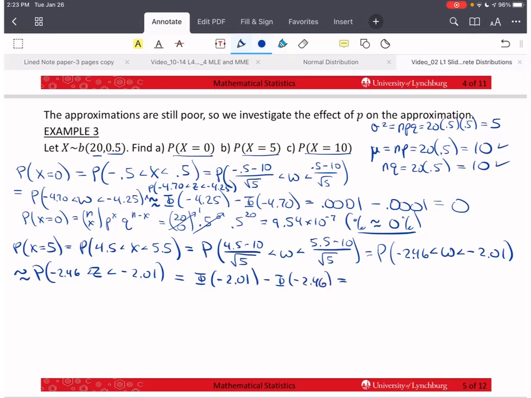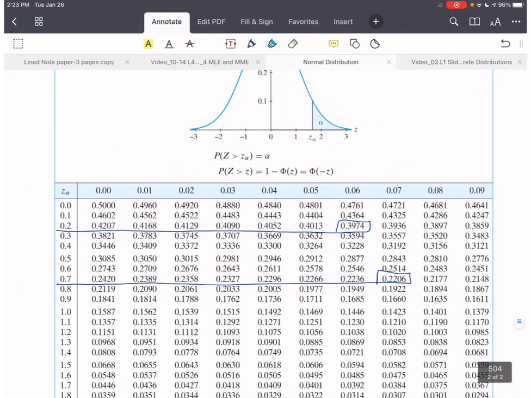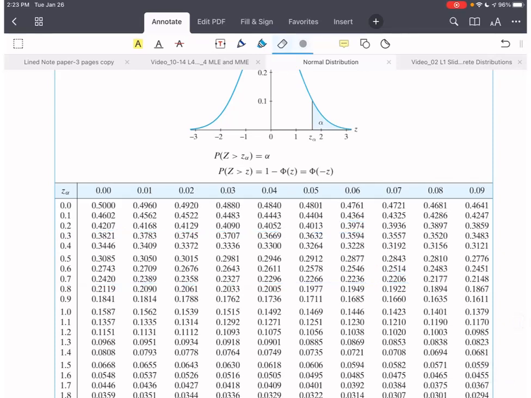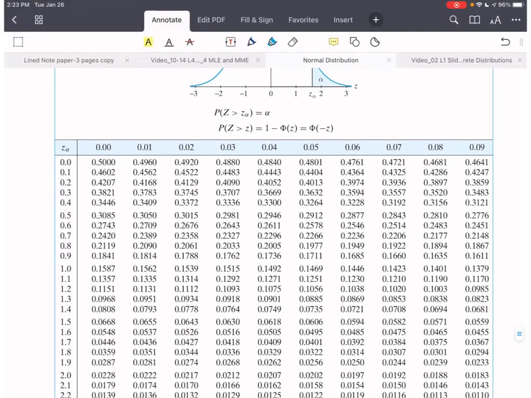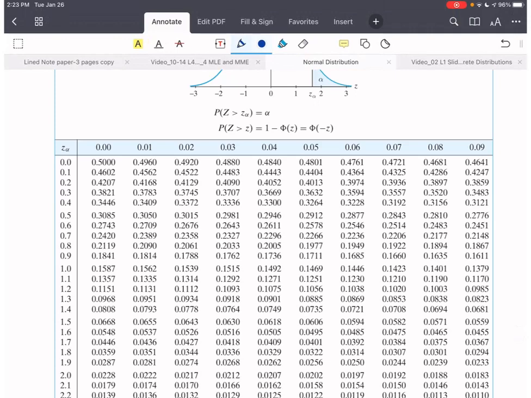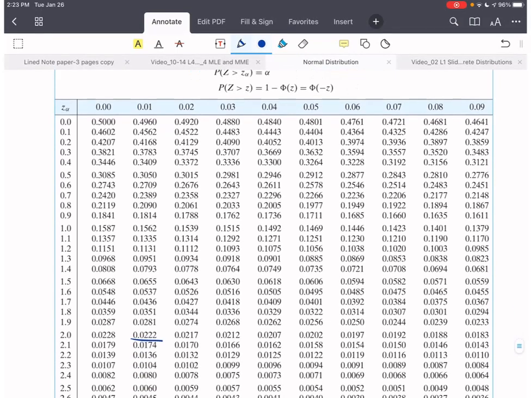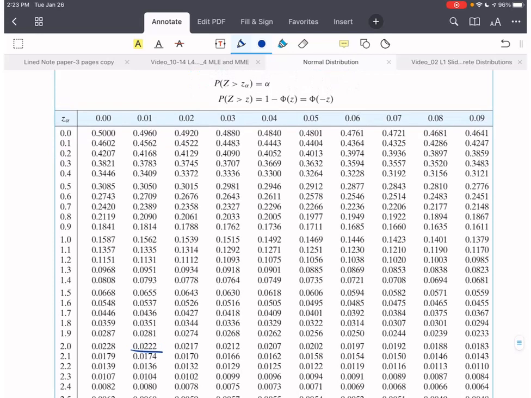We go to our table, part B, and I can clear this up pretty quick. And we need negative 2.01 first, negative 2.01, 0.0222, and negative 2.46, 0, 1, 2, 3, 4, 5, 6, 0.0069.